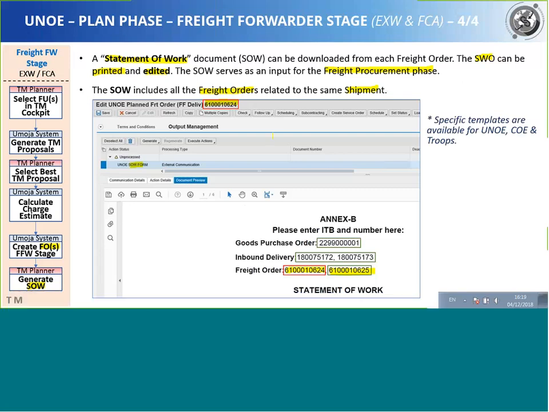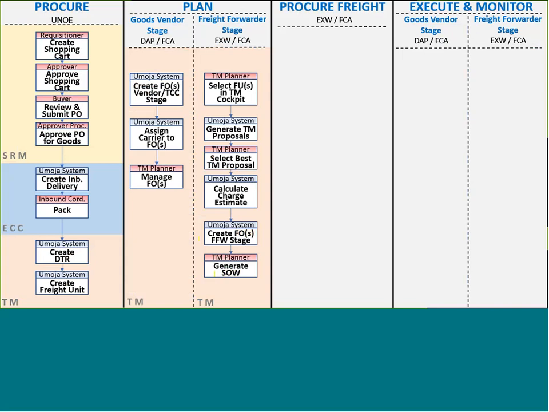Okay. So once we have this statement of work document, we can initiate the freight procurement that applies for virtual Incoterms. And this process is very similar to what you currently do, okay? So it's initiated in SRM with the shopping cart for the freight.